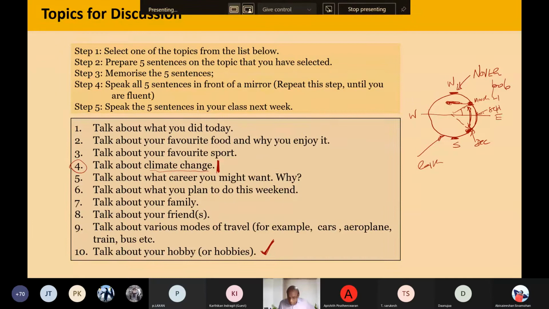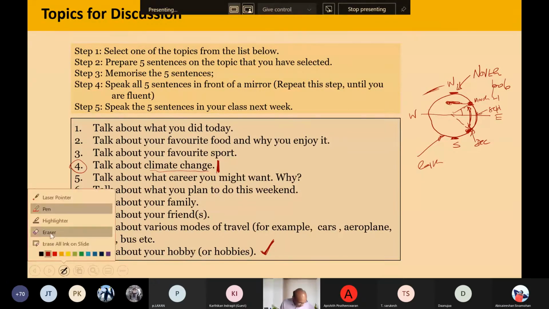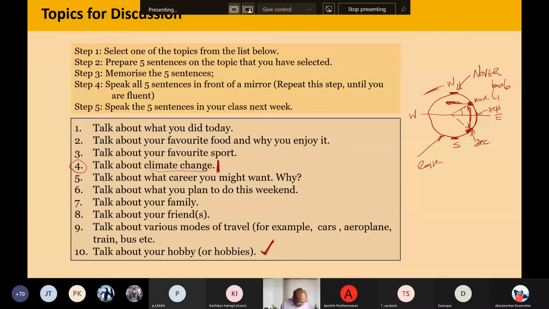You know what the atmosphere is, right? It is around here. Just say 100 years ago, the earth's temperature was lower than what we have now.